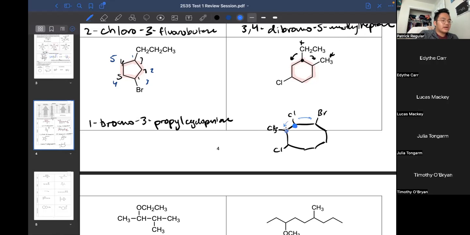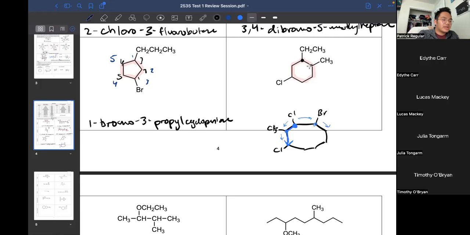If you went here, you would have another branch. If you went here, you would not have another branch. So you want to connect the dots where you basically hit the most amount of branches in the shortest distance. Hopefully that's the concept you'll latch onto, because it'll come up again. You will have to name cyclic compounds again in test 2, but with alkenes.